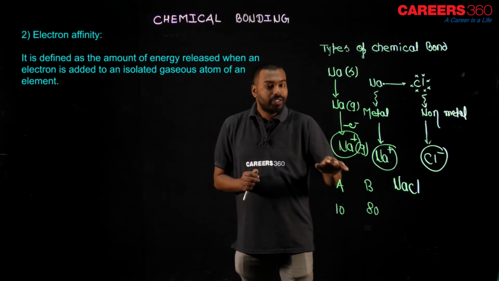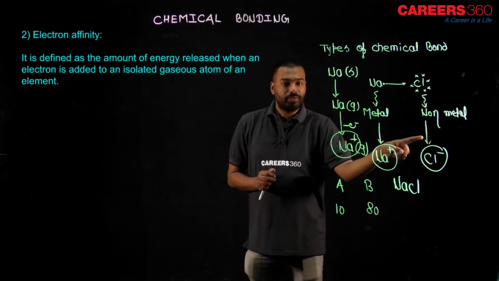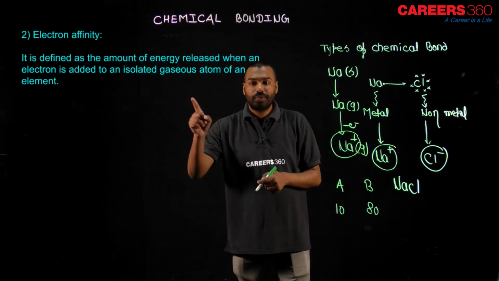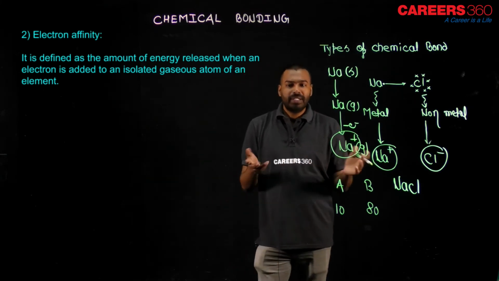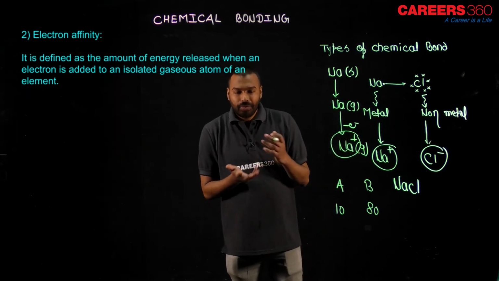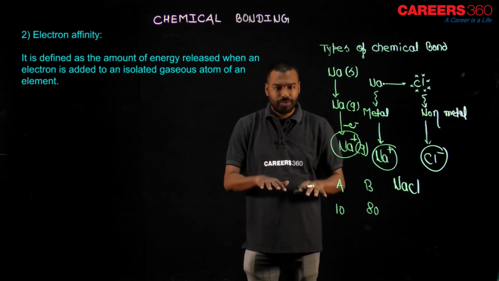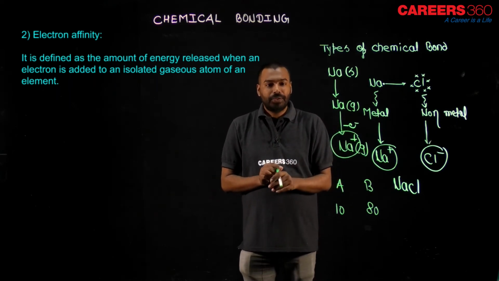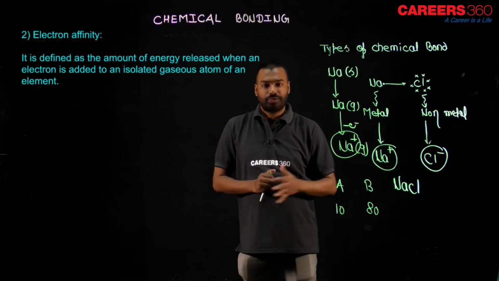So, whatever energy is released by the chlorine during the addition of one electron, that energy is called electron affinity, correct? There is a bit of similarity between electron affinity and electron gain enthalpy and a bit of difference also. That is not our main question here. So, I explained electron affinity, that is energy released during the addition of one electron.